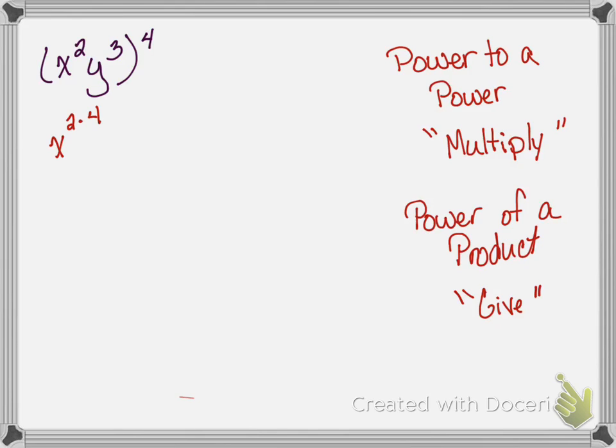So I've got to give that 4 to everything inside the parentheses, and when it's raised to an exponent, that's when I multiply. So I have x to the 2 times 4, and then I have y to the 3 times 4. So I have x to the 8th times y to the 12th.